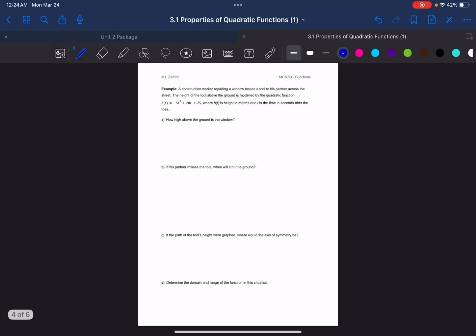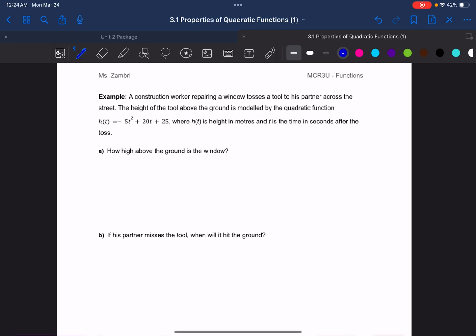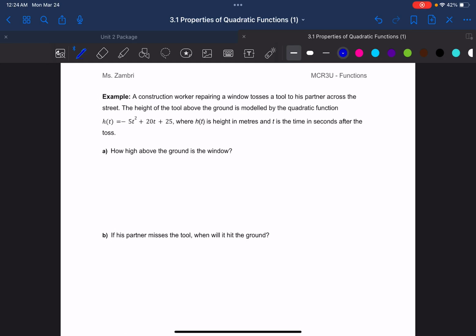The last thing that we are going to talk about together is now using parabolas to model real life scenarios, or analyzing parabolas to determine what's happening in a real life scenario. So the scenario that I gave you was a construction worker repairing a window, and he tosses his tool to his partner across the street.